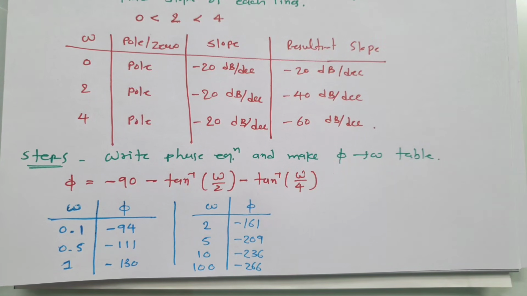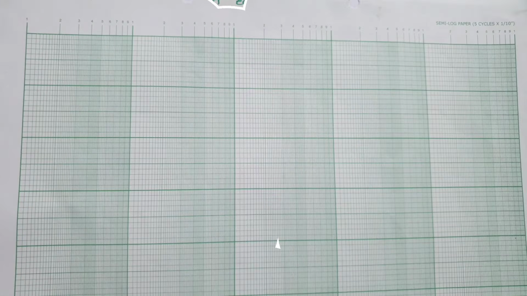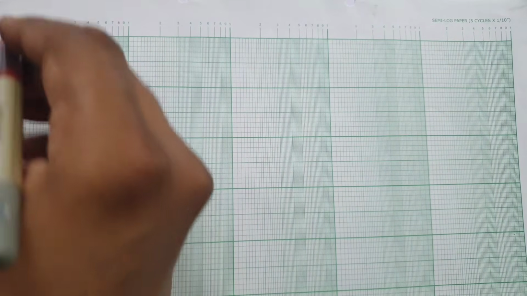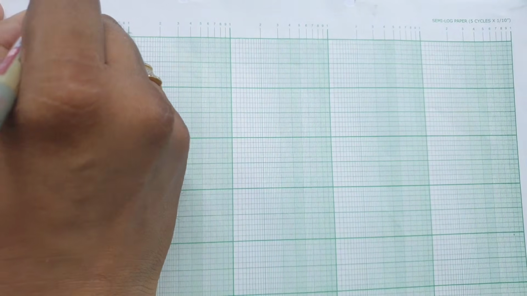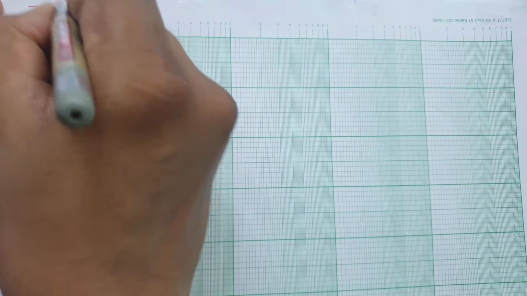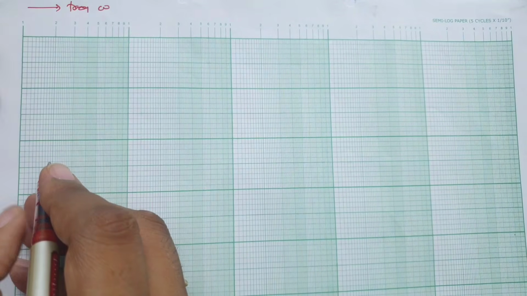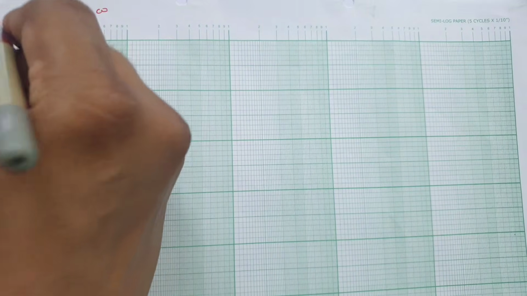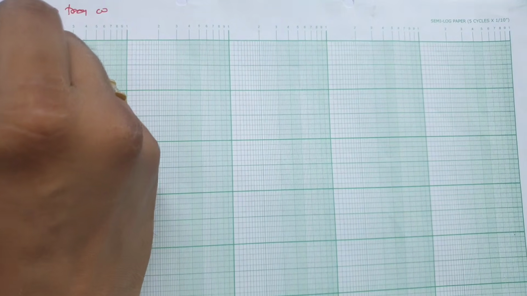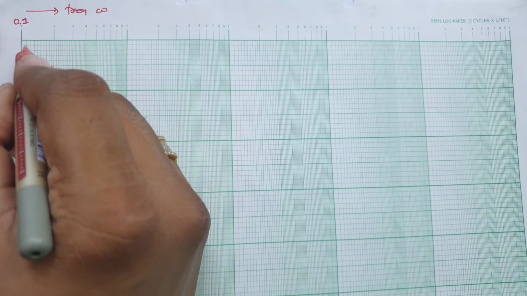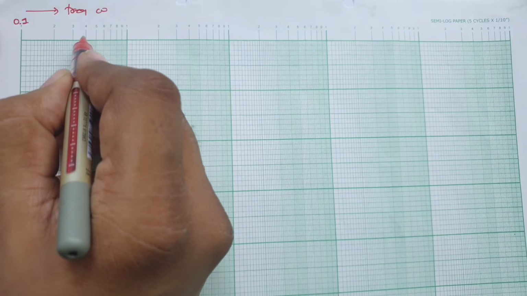Now I will plot the Bode plot for the given data which we have calculated right now. See, this is the semi-log graph paper which we have, and here we have frequency on this axis. Let us say this is omega. First I am considering frequency 0.1 over here, and on this semi-log graph paper you see this is 1, 2, 3, 4 like this.